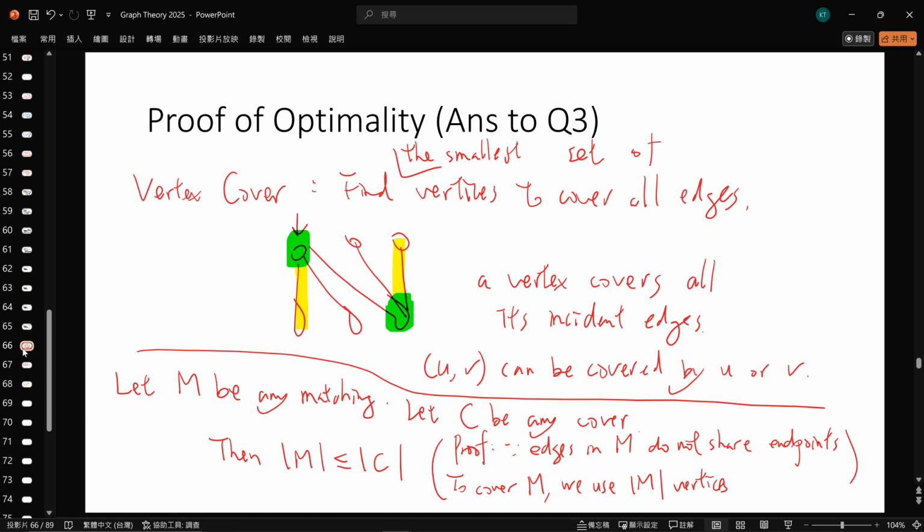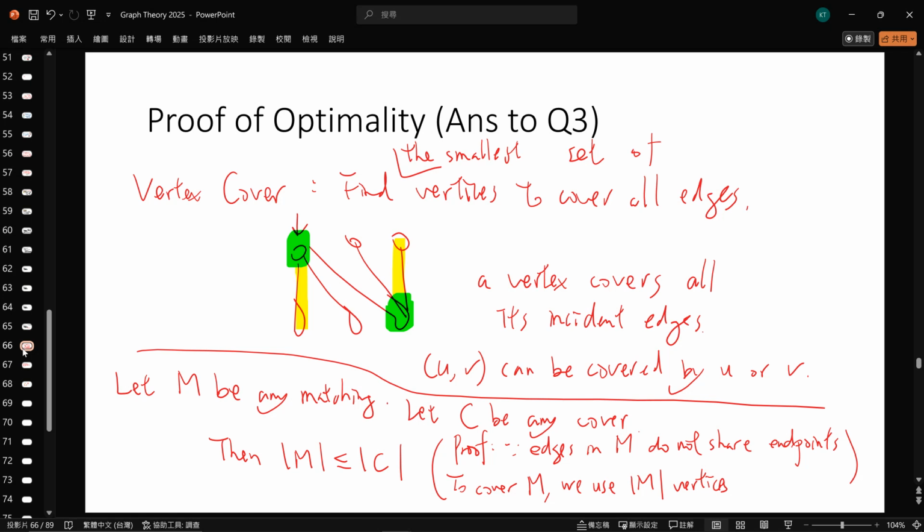But it's easy to see that this is actually the best, the smallest vertex cover, because you cannot choose just one vertex to cover all these edges. To cover all these edges, you have to use at least two. And since we have a way of picking just two vertices to cover all these edges, we know that these two green vertices form a minimum vertex cover. So in this case, the size of the minimum vertex cover is equal to the size of the maximum matching.